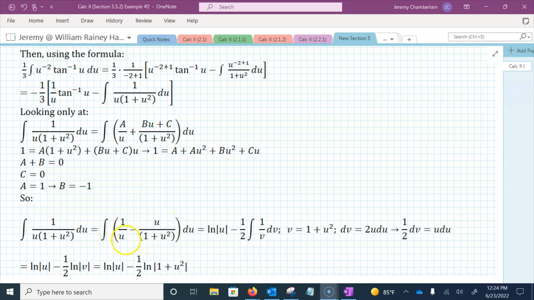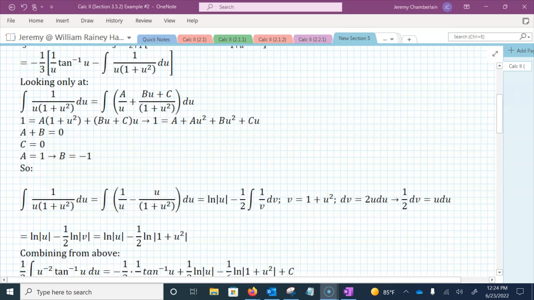Remember, the integral of 1 over u is simply natural log of u. And here we have to do a substitution. I'm going to pick v to be 1 plus u squared. dv is 2u du, and there's the u here. So dividing by 2, I get 1/2 dv is u du.